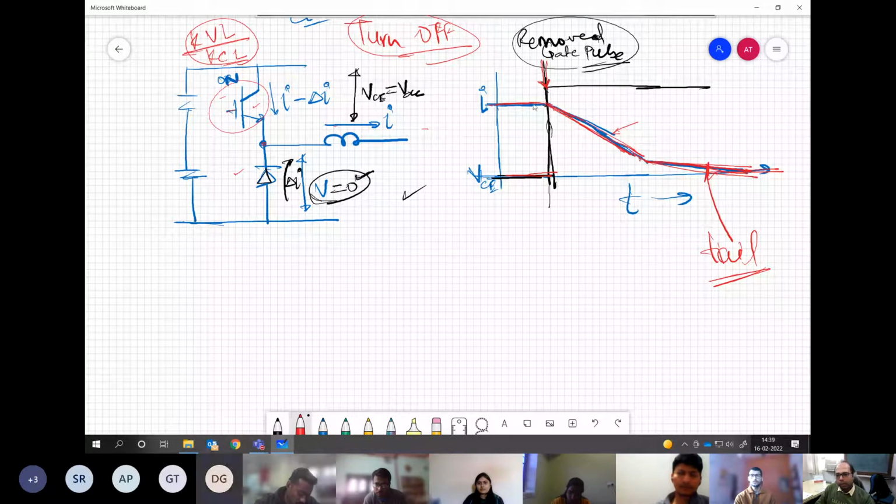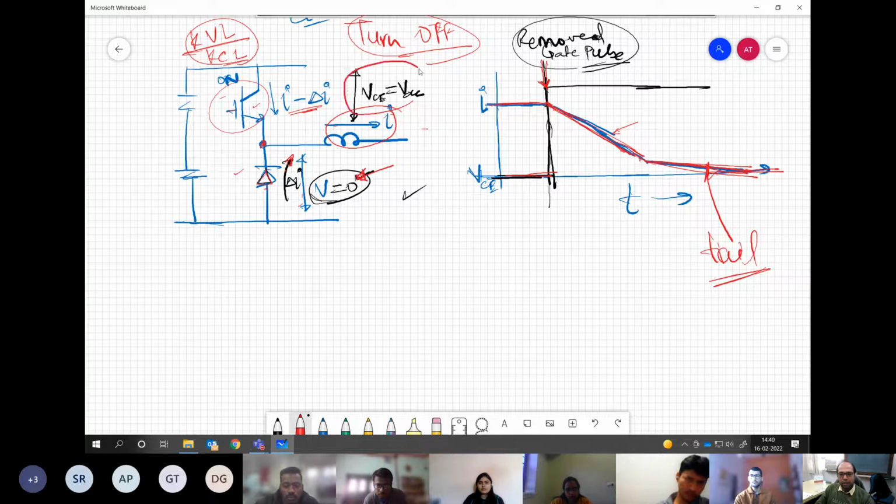So what we have basically is that the moment there is even slight reduction in current over here, that current which is subtracted from the device basically comes through the diode. In that process, the diode has to conduct, and the moment diode conducts, there cannot be any voltage across this, which means the device voltage will jump to maximum blocking voltage, and still the current will be dropping slowly.